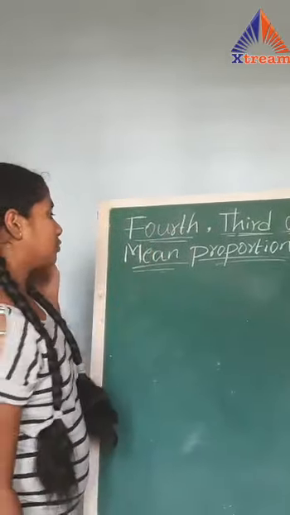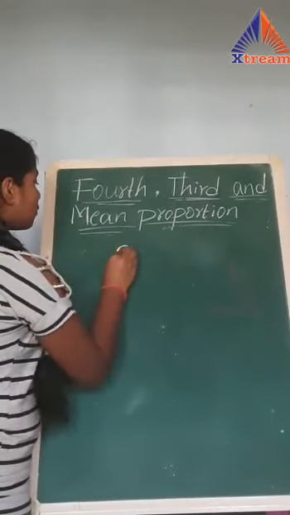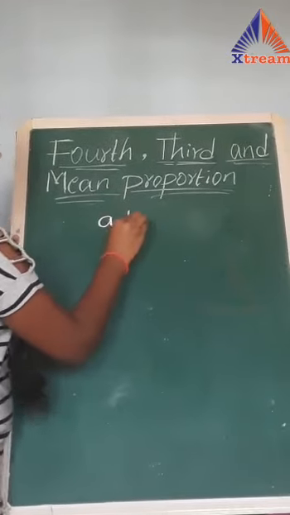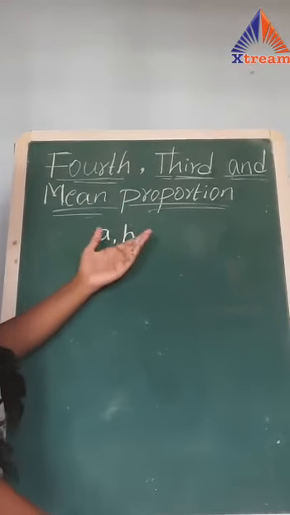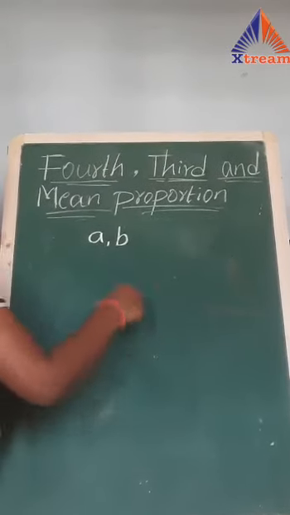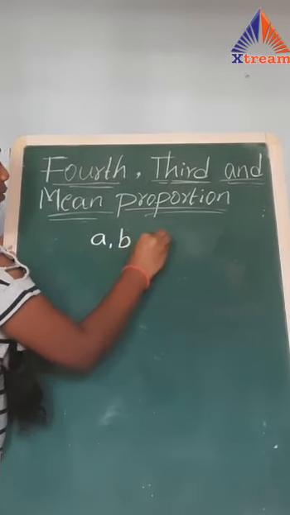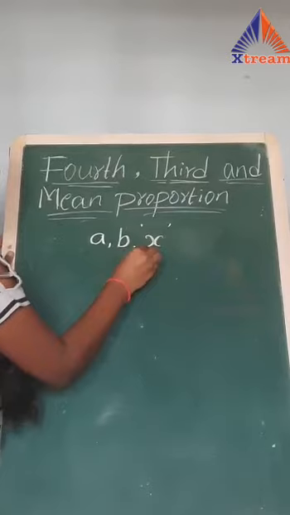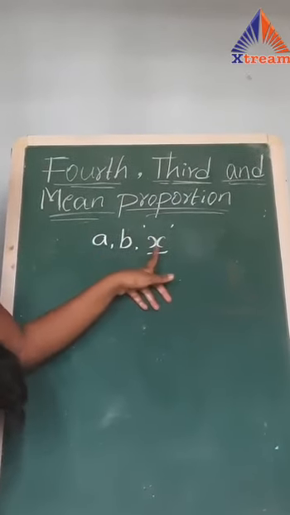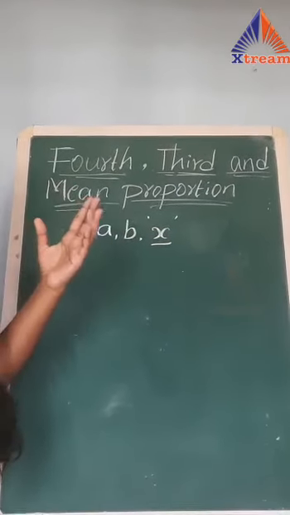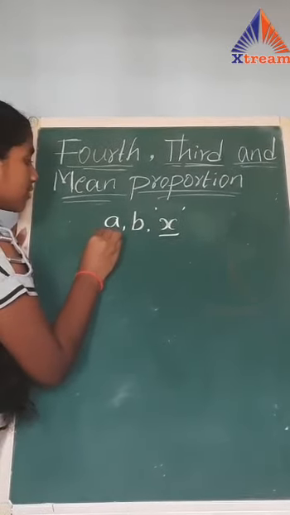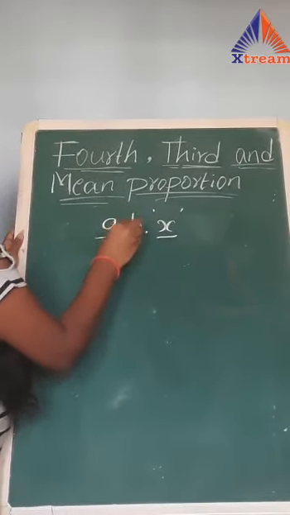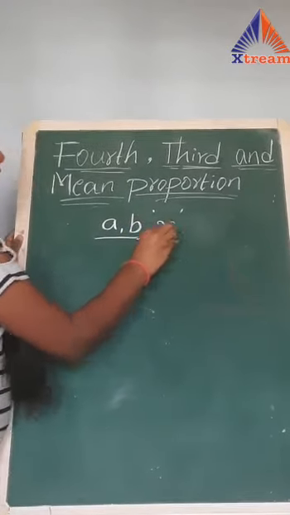Now the third proportional. In the third proportional they will give us only two terms, and we should find the third one, so we take it as x since we don't know it. As we already saw in the continued proportion, the product of the first two terms is equal to the product of the last two terms.